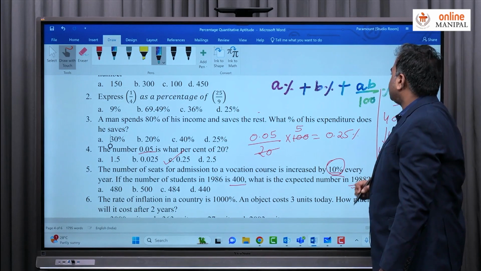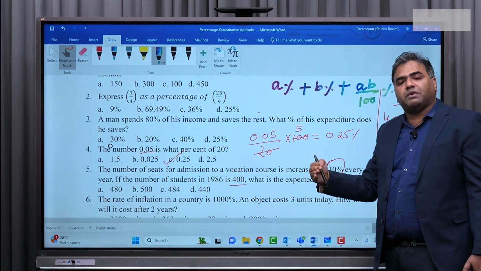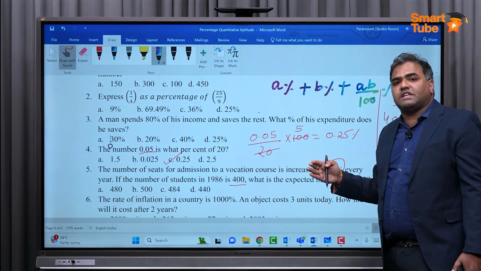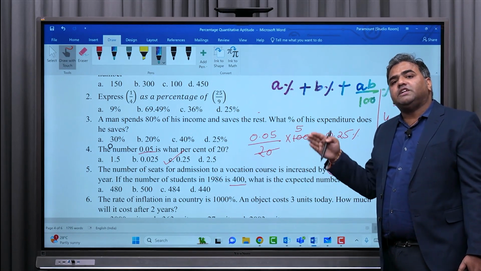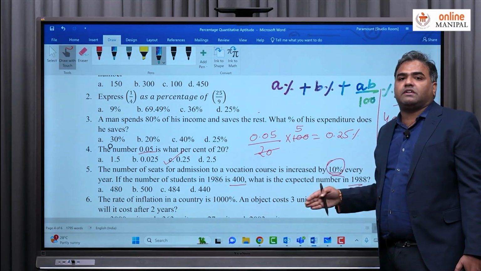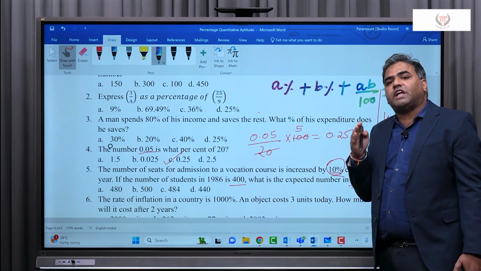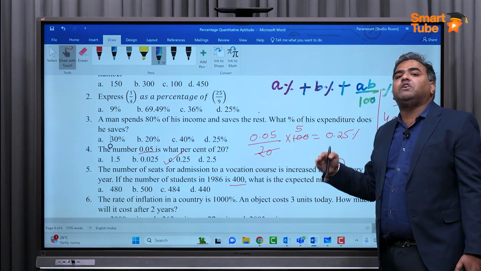So if the population here first increases by 10%, then again increases by 10%, the net percentage change would be 10% plus 10% plus 10 into 10 by 100. 100 by 100 is 1. So the net percentage change would be 10% plus 10% plus 1%, that would be 21%.